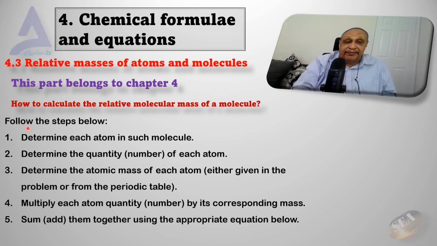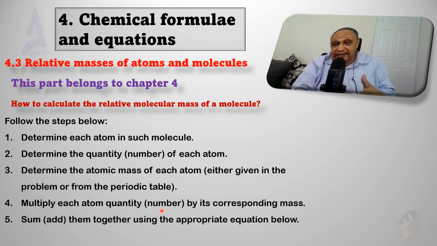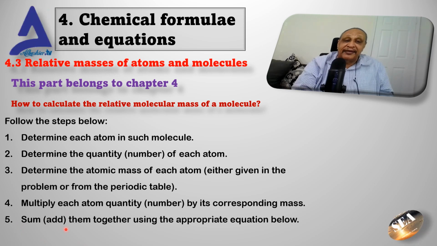Then after I bring these, I multiply each quantity, that means the number of each, by its corresponding mass. Then sum, that means add them together using the appropriate equation below.